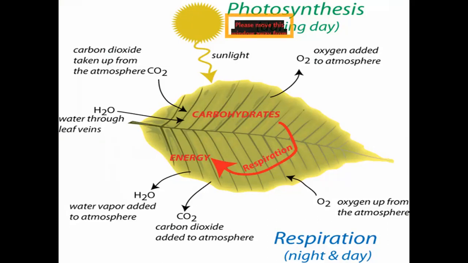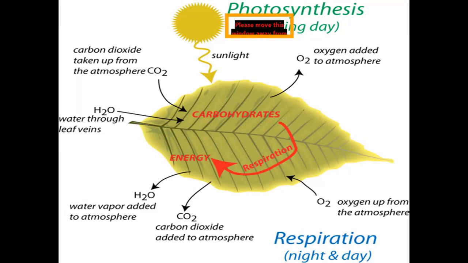Photosynthesis is the process that takes place during the day, meaning in the presence of sunlight. Sunlight is important for photosynthesis. Photosynthesis can't occur unless there is sunlight, because the process needs the energy from the sunlight to occur.